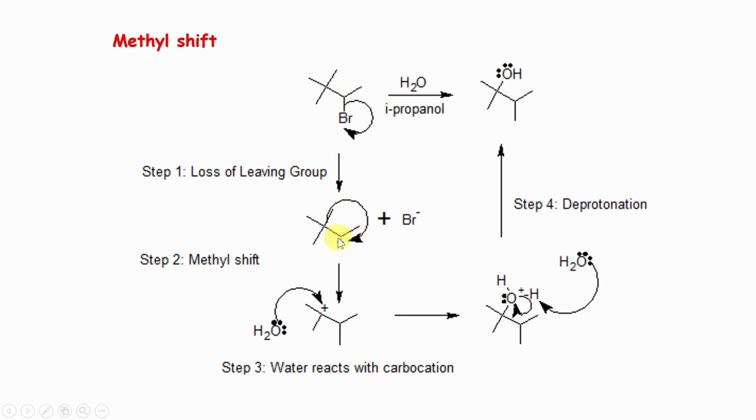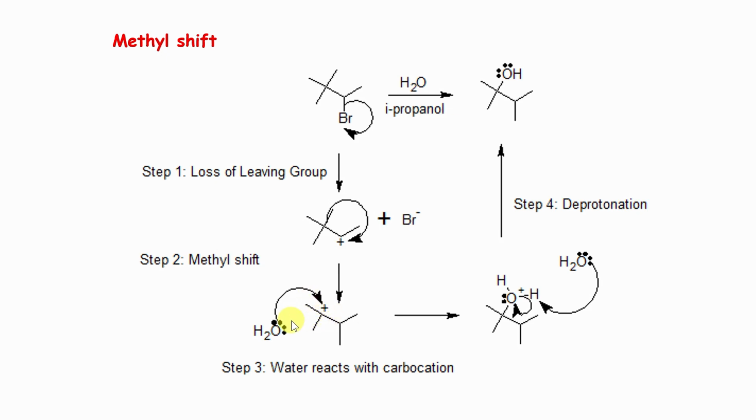But you can see the carbon atom attached to this secondary carbocation is a quaternary carbon atom. Thereby, a methyl group can easily shift to this secondary carbocation to form a more stable tertiary carbocation. You can see this methyl group shifted to this positively charged carbon, thereby this carbon becomes a tertiary carbocation, a more stable carbocation.